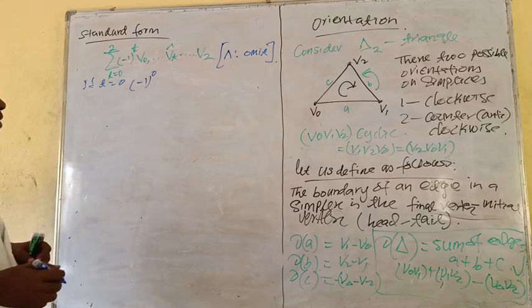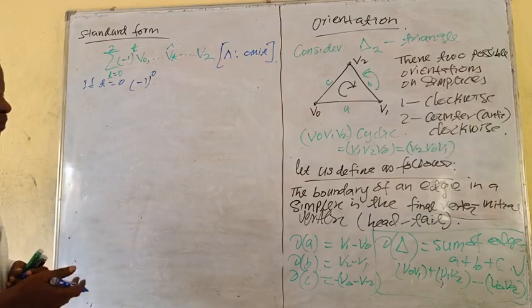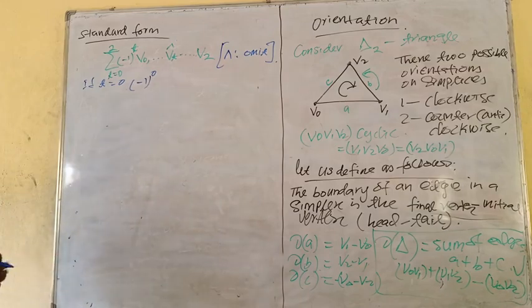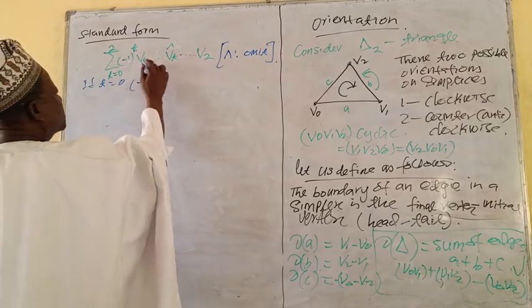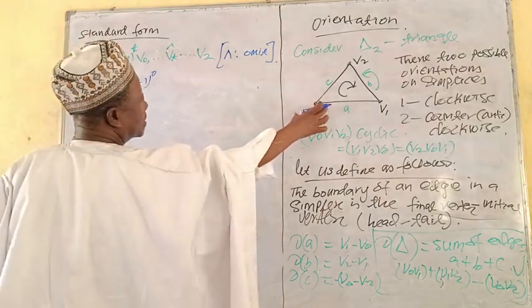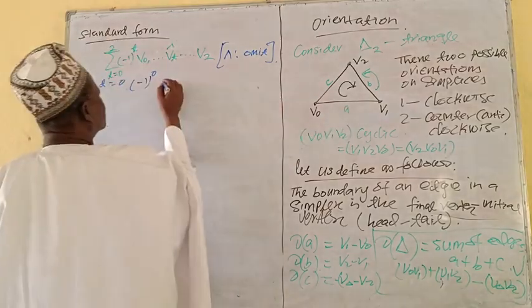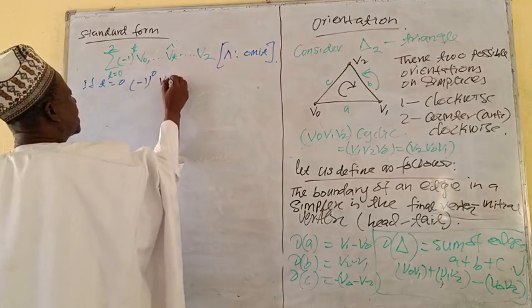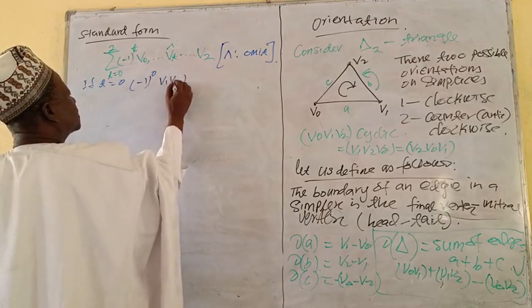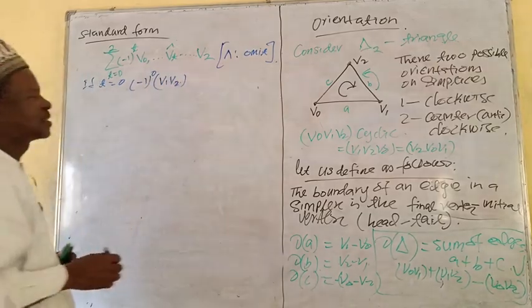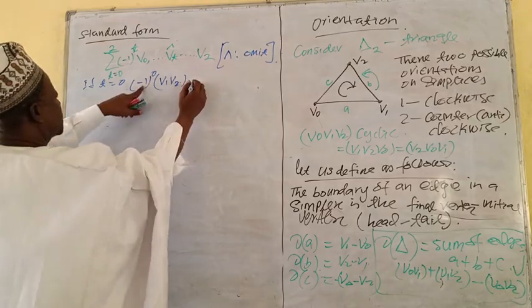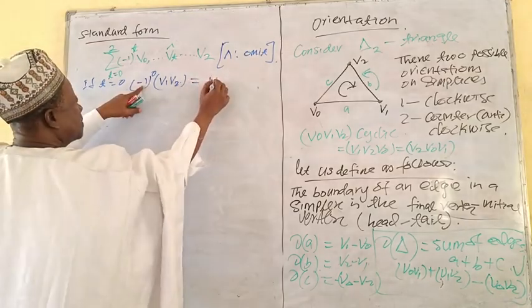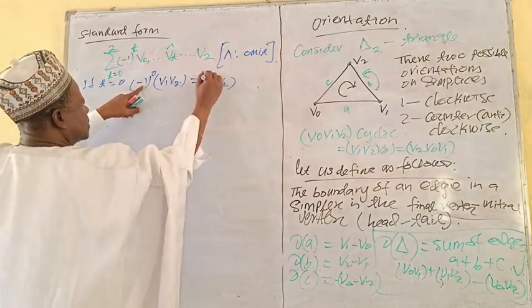So I will not write B0. When I omit B0, what will I have? If you omit this, you are left with B1, B2, isn't it? So minus 1 to the 0 is 1, so it's simply B1, B2.